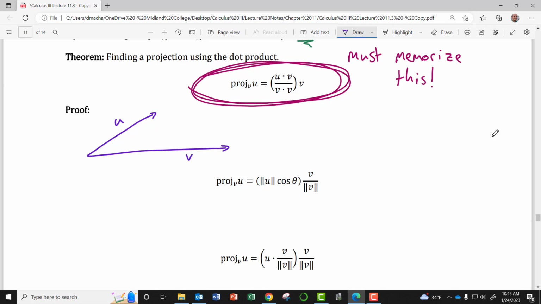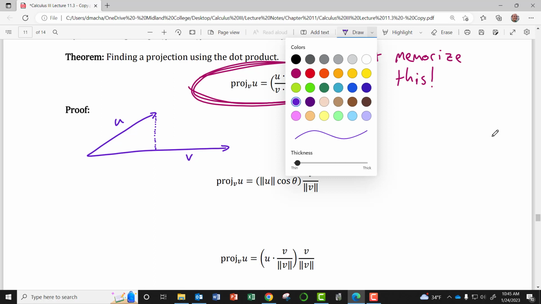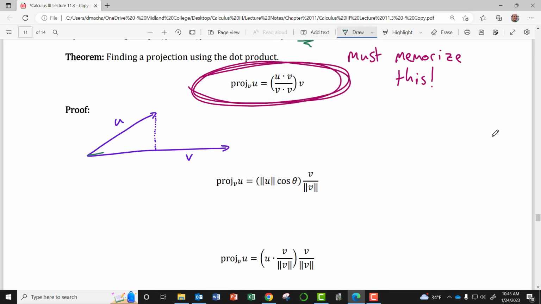And so the projection of u onto v means that I find the component of my vector u that happens to be parallel to v. So that would look like this green vector I'm drawing on top here. Of course, it's parallel to v, but it's just the component of u that's in the direction of v. And so this is what we call the projection of u onto v.